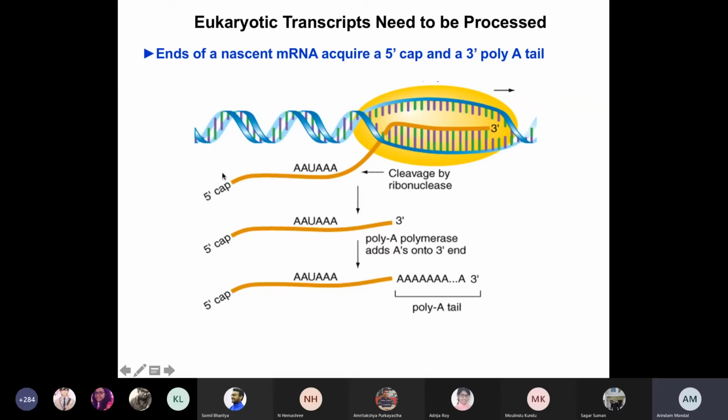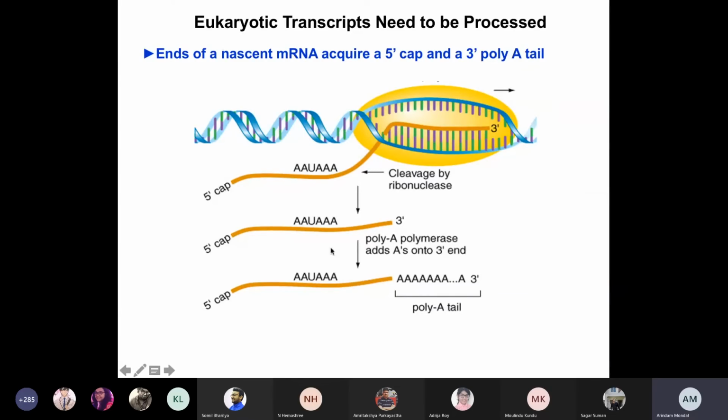Okay, and because it kind of caps the mRNA, it cannot be degraded by the cellular enzymes. So the 5' capping gives additional stability to the mRNA. Another processing is the addition of the poly A tail.